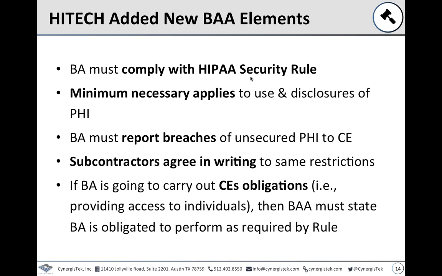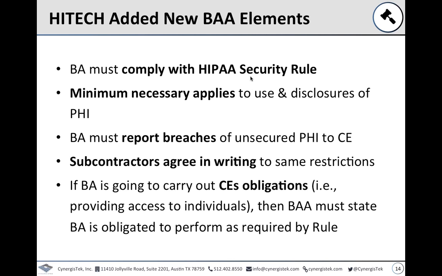So looking at the business associate agreement itself, the business associate agreement has to contain certain elements. It's a floor of certain requirements that must be in place to put conditions on how the business associate, your vendor or contractor, has to safeguard protected health information. So the business associate has to fulfill the requirements of the HIPAA security rule.